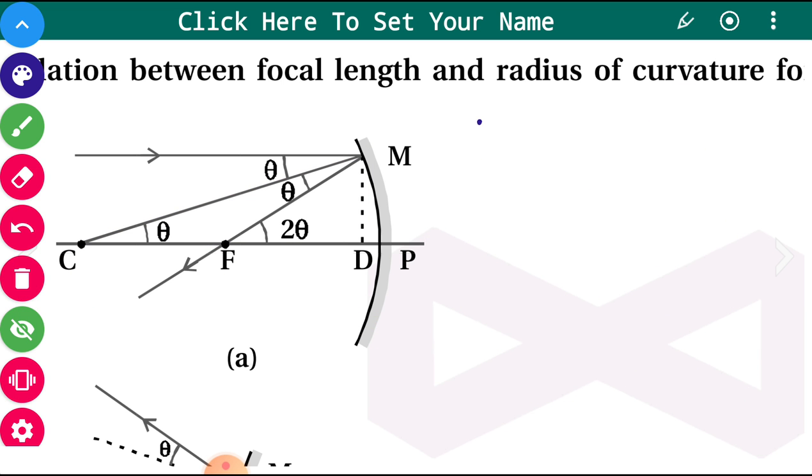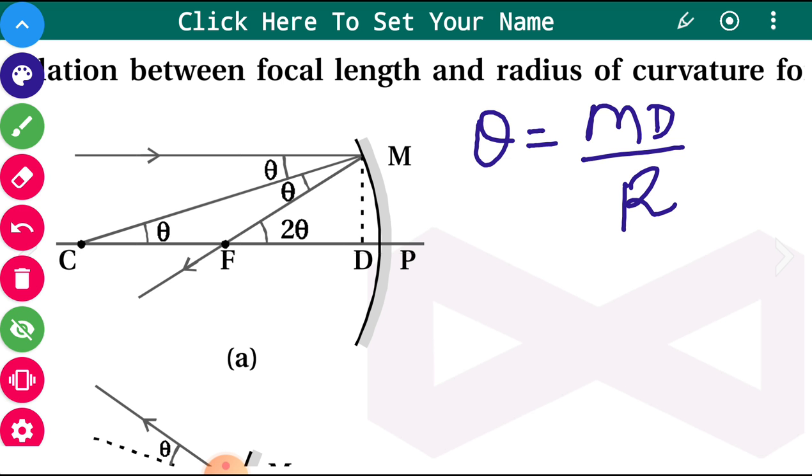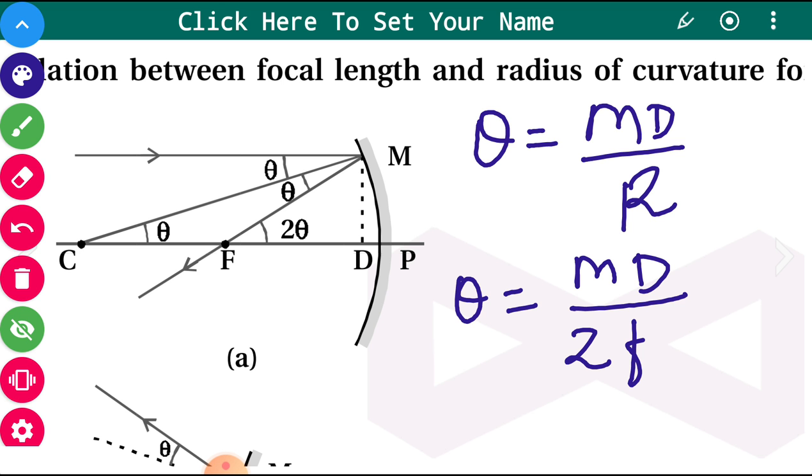So theta is equal to MD upon R, and for the other equation, the theta for focal length will be MD upon 2 times the focal length.